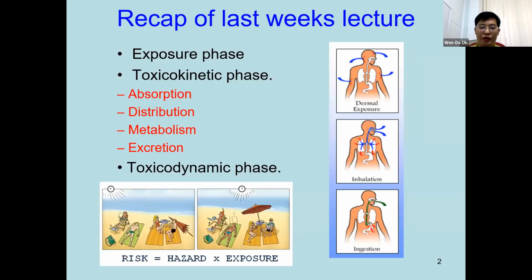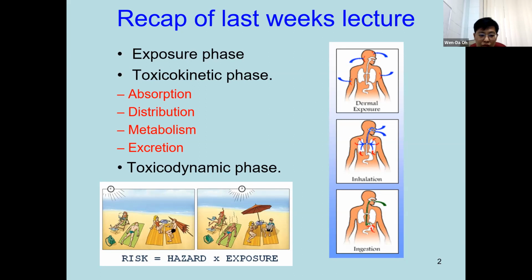Just to recap on last week's lecture, we want to start off with a recap so that we remember what we learned in the previous lecture. We already went through the introduction, and then we looked into the dose-response relationship. I can see that most of the students answered the dose-response relationship questions in the assignment correctly. After that, we looked into toxicokinetics and toxicodynamics, whereby we talk about the exposure phase and the toxicokinetic phase with absorption, distribution, metabolism, and excretion.